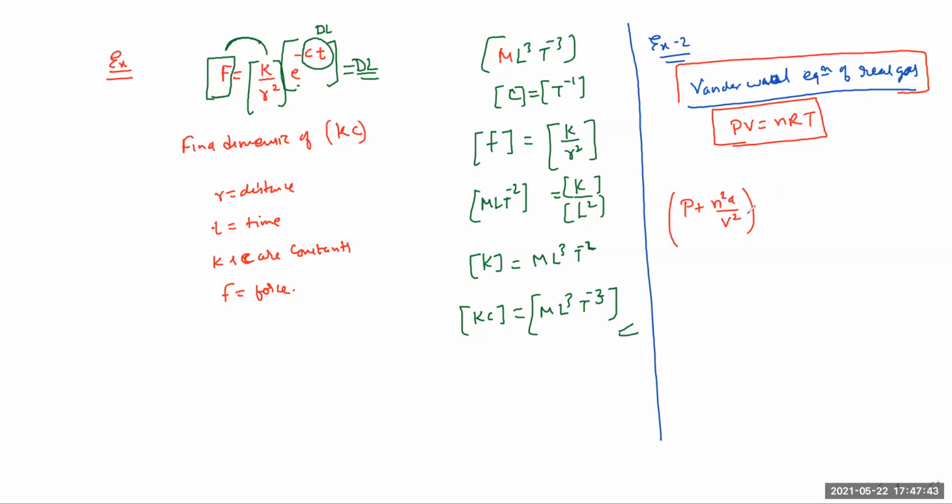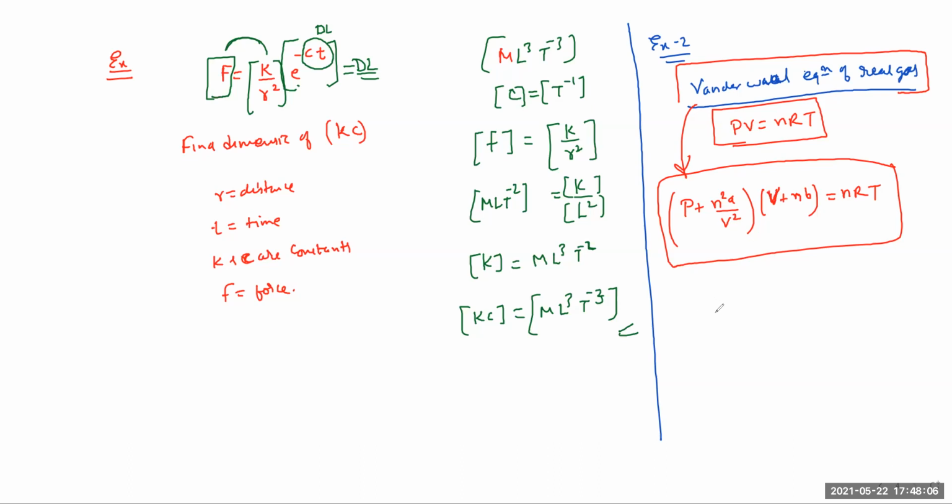So the P is replaced by this term. This is called the van der Waals equation of gas. The equation is P plus something, and something. I'll tell you what those are.